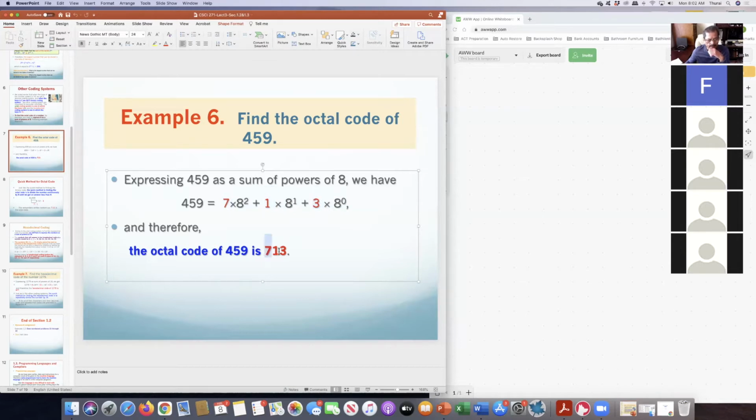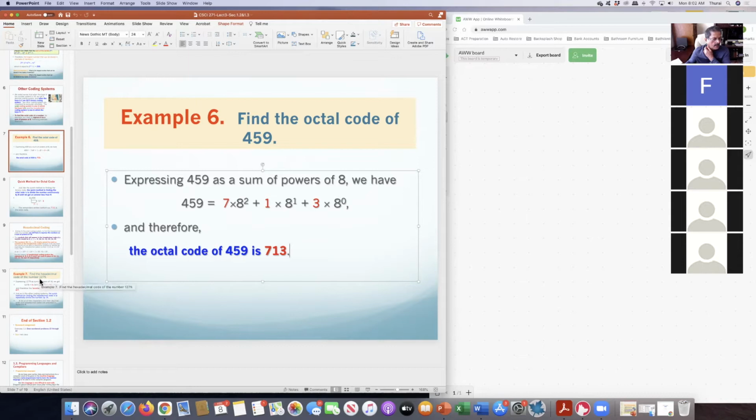So you present that as your octal code of 459. We shouldn't read it as seven hundred thirteen because 7 doesn't represent 100. 7 represents 8 to the power 2. So reading it as 713 is not appropriate. So read it as 7, 1, 3.